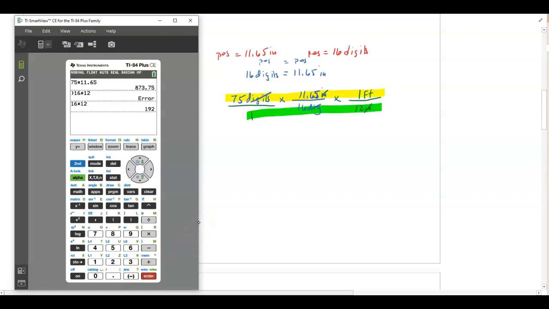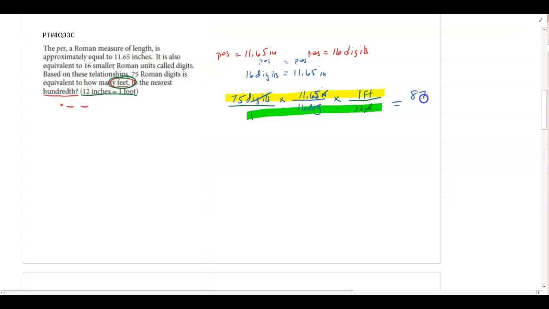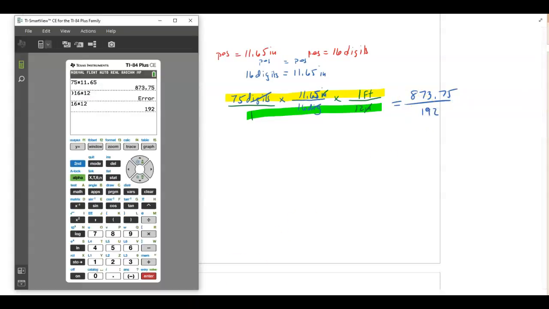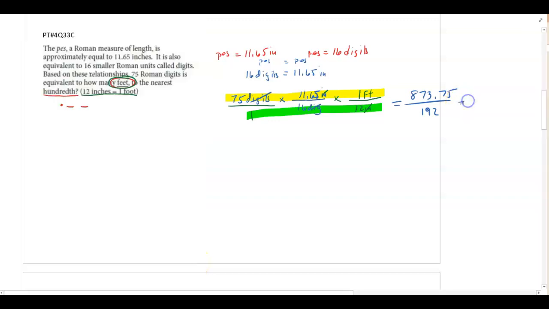So now this ends up being 873.75 divided by 192. So now I'm just going to do 873.75 divided by 192, and it ends up being about 4.55 feet.